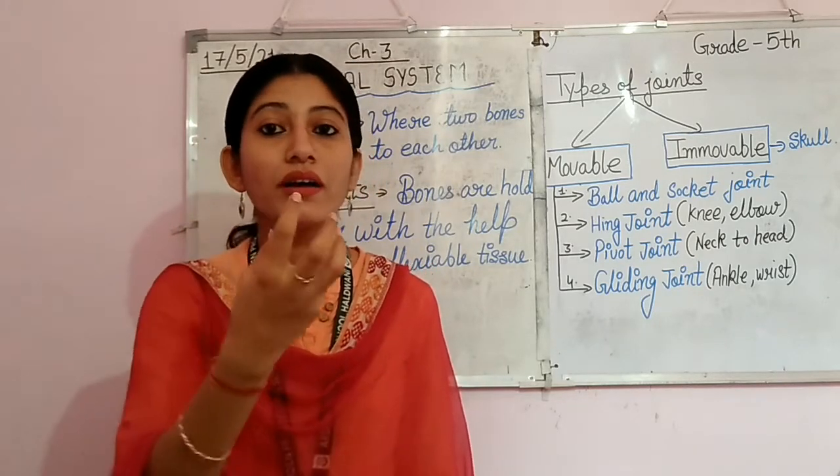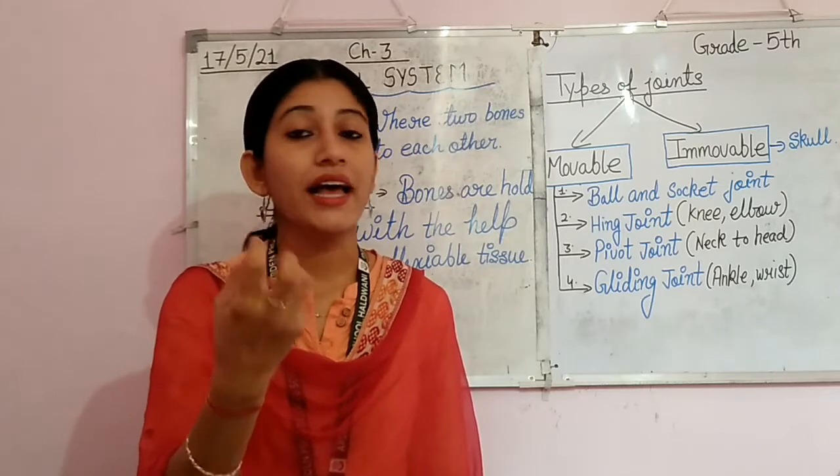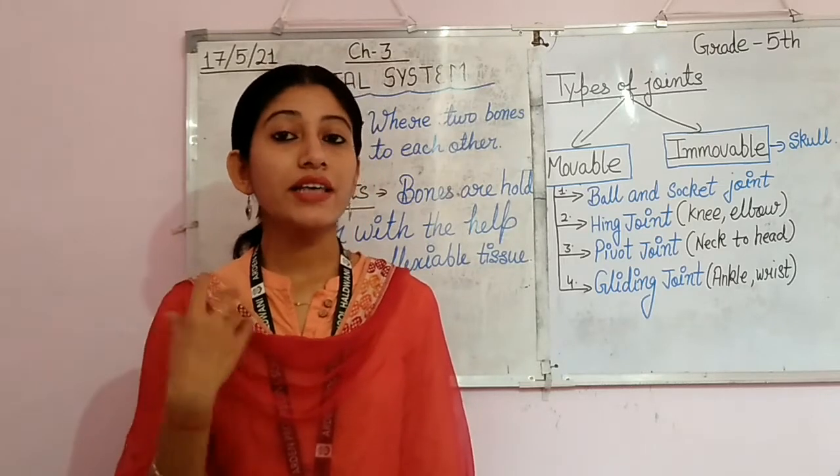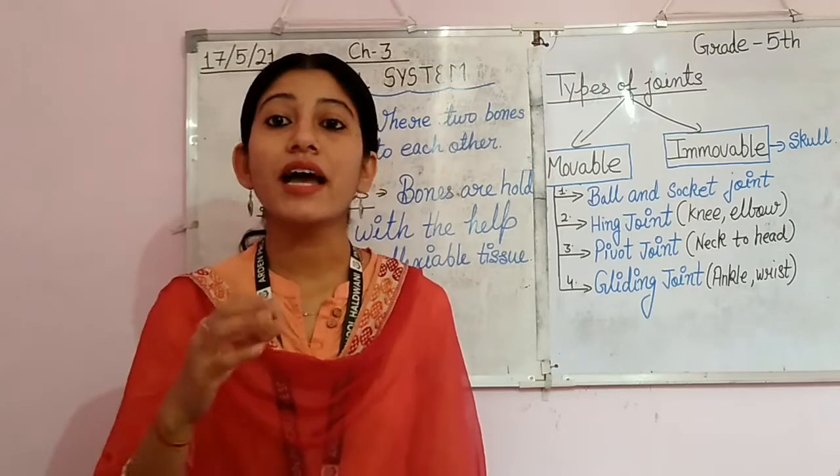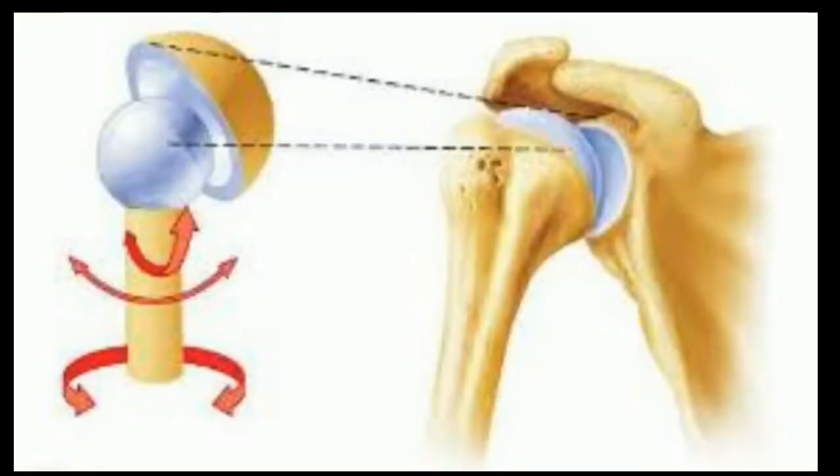It has a circular spherical face like a ball and the other side where it is attached is a type of socket. Students, here in this picture you can see that the white portion that is visible is the ball, and the portion in which it is going to fit, the yellow portion having some gap inside, is a socket. So in this way we have ball and socket joint.